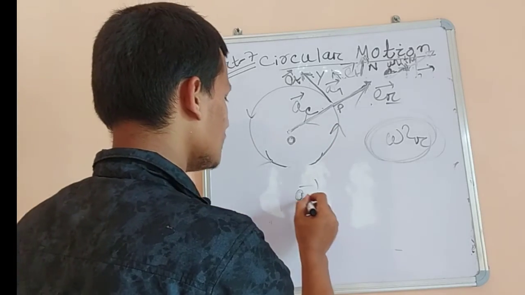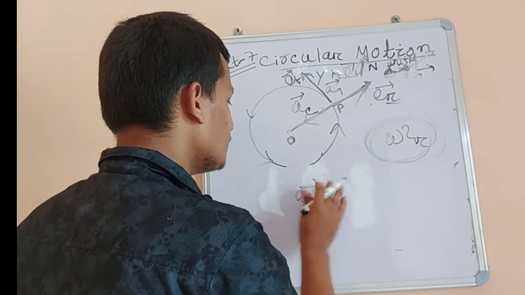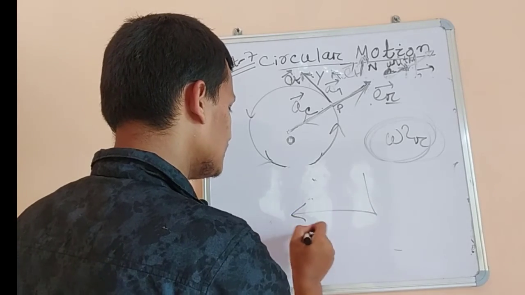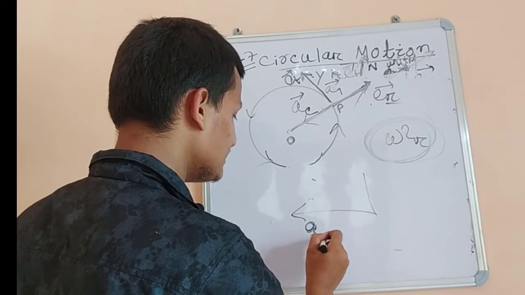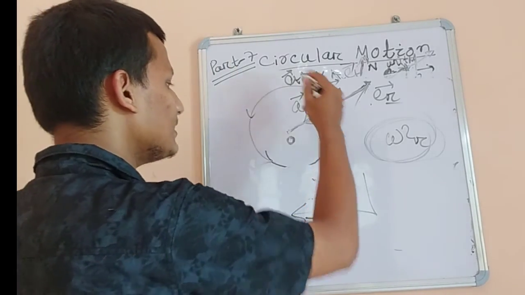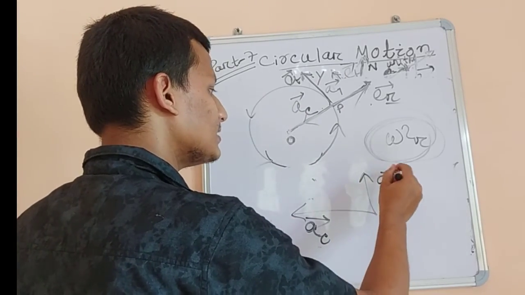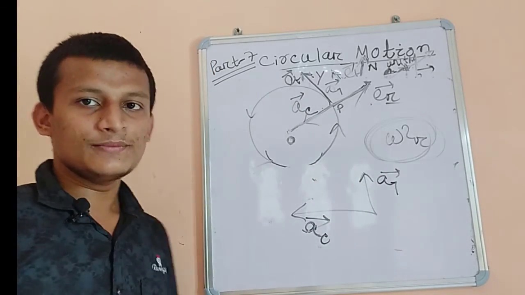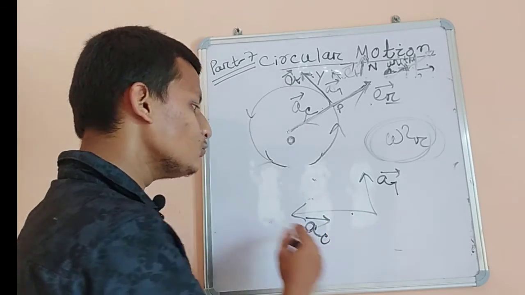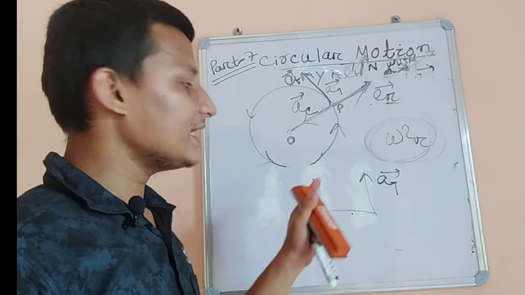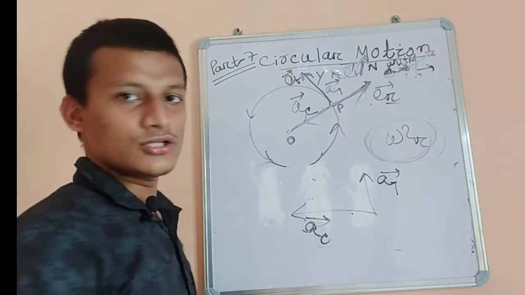Suppose this is our AT, and this is our AC vector, so we can take their dot product and calculate that the dot product is 0, for which the AC vector and AT vector are perpendicular to each other.